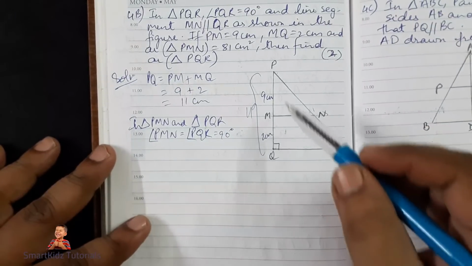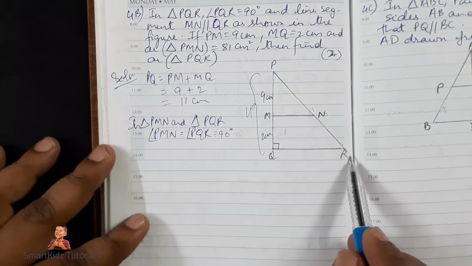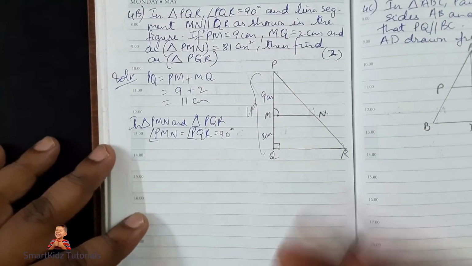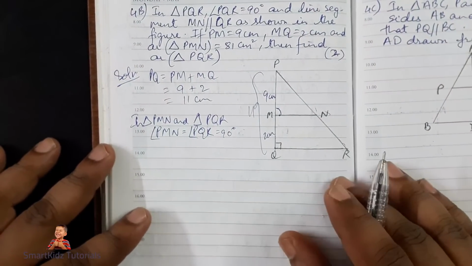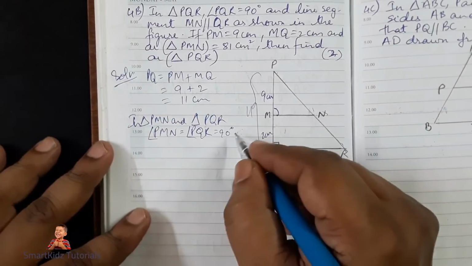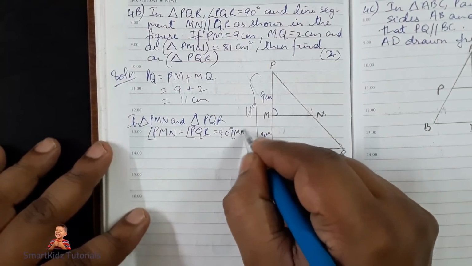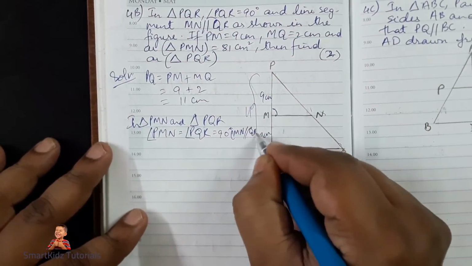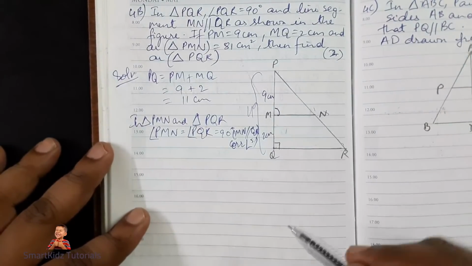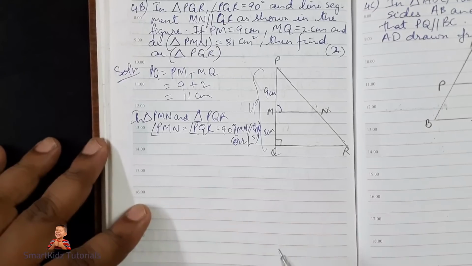Also, if you have a look, MN is parallel to QR. So this angle and this angle becomes corresponding angle. And we know corresponding angles are equal. So that also a reason you can write that MN is parallel to QR, so corresponding angles as well you can say. This is one angle.